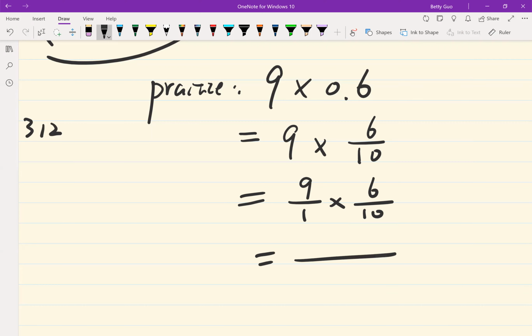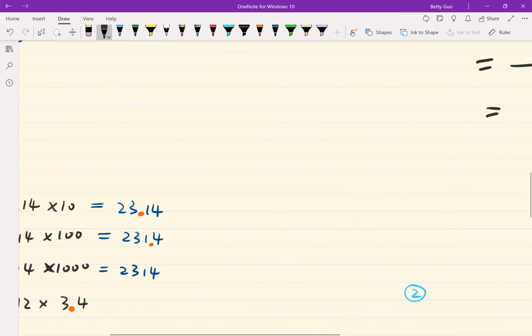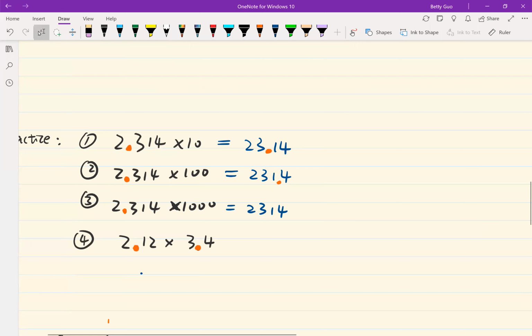And you multiply across, 9 times 6 is 54. 1 times 10 is 10. When you divide a number by 10, it is equivalent to moving the decimal point to the left once. Okay? Does that make sense? Yeah, so we actually have a very important rule here.